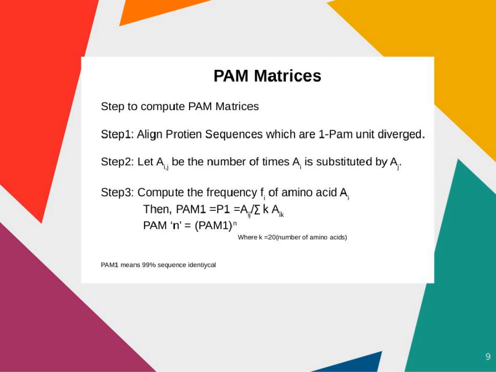Then we calculate PAM-n as PAM1 to the power n. Here PAM1 means 99% of the sequence is identical, or 1% of the sequence has diverged.